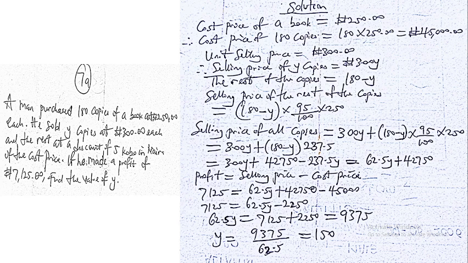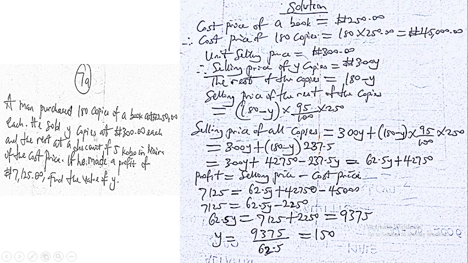Question number 7a is on profit and loss. The question says that a man purchased 180 copies of a book at 250 naira each.